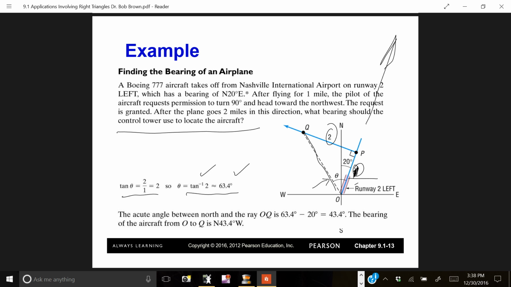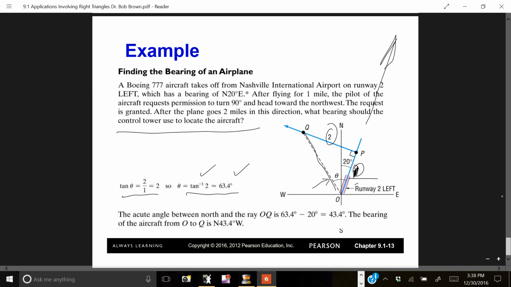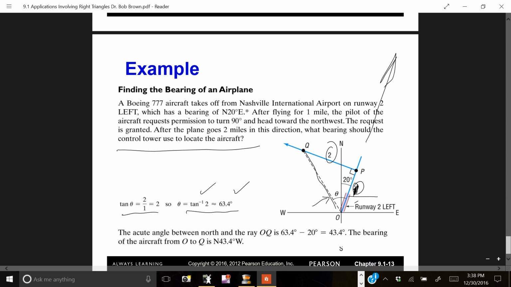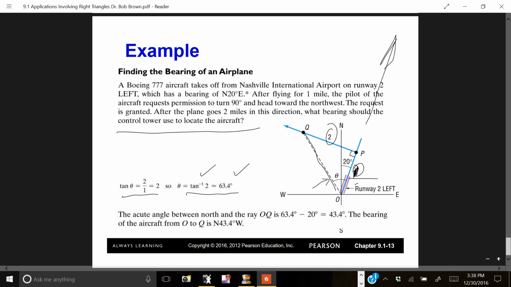Now notice that angle, which is 63.4 degrees, we can subtract 20 degrees, and that would give us a bearing in our new direction. So take 20 degrees from 63.4 degrees, which is 43.4 degrees.